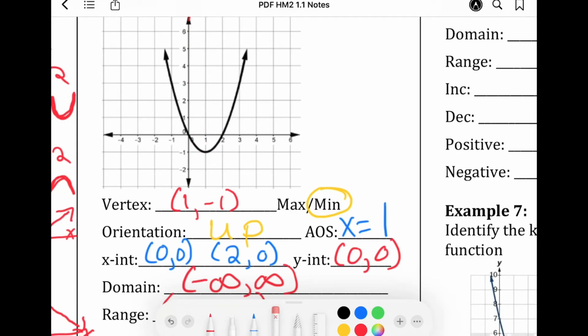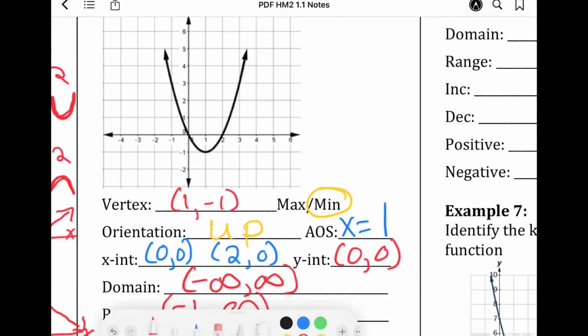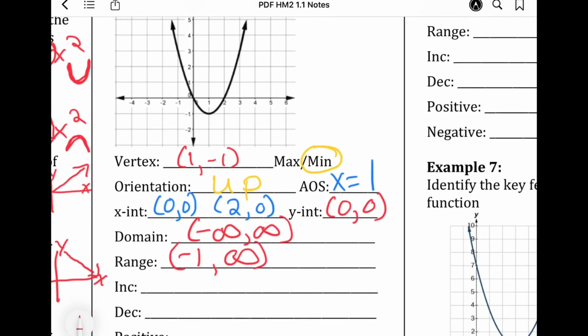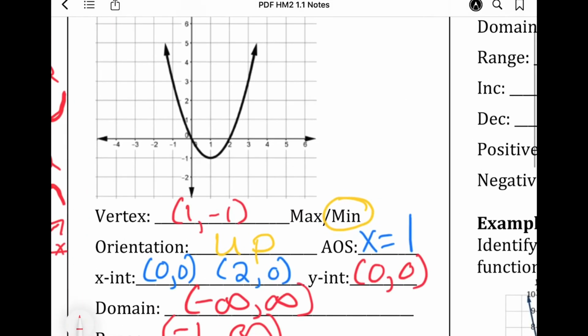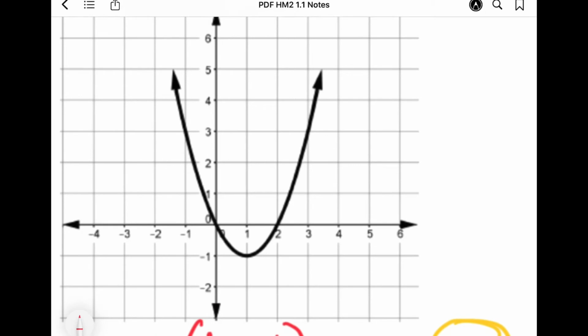Now let's look at a few more parts of this graph. Increase. So we've kind of got two different sections of this graph, and it's split right through the middle. So which option are we increasing? Reading left to right, are we increasing on this side? No, we're decreasing.